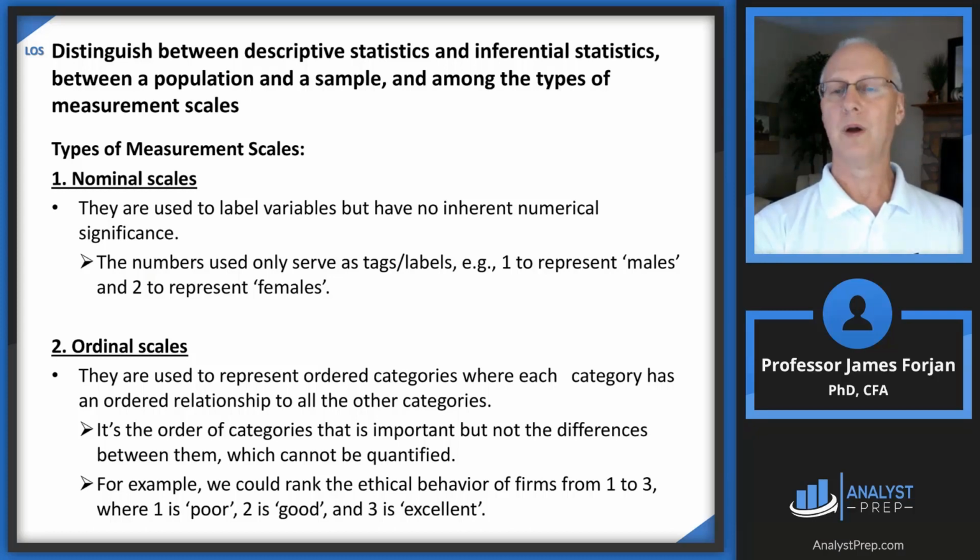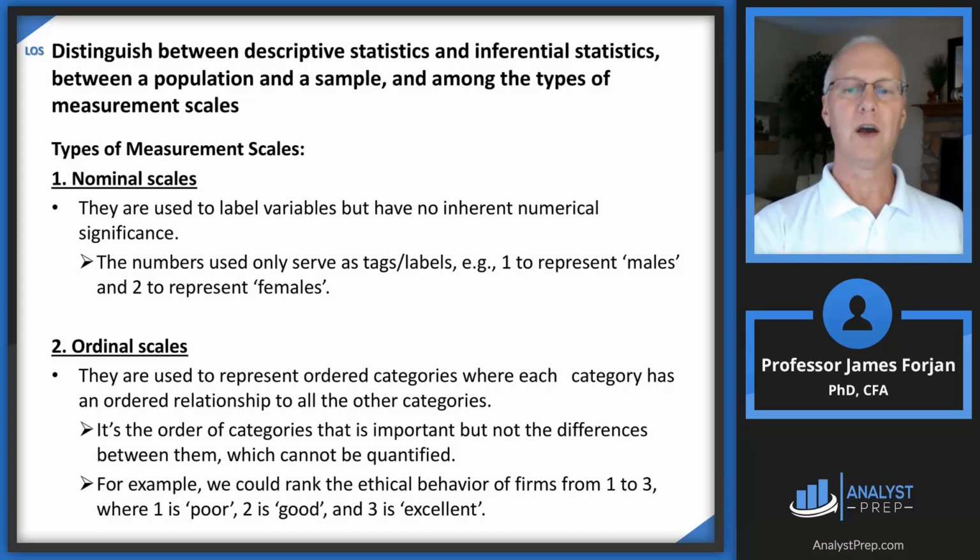Ordinal scales are probably what we're used to during our whole life. They're used to represent ordered categories. So it's the order of the categories that is important, but not the differences between them, which cannot be quantified. Someone asks how we're doing, and we might say we're doing great today. Another day we might say we're not doing very well today.